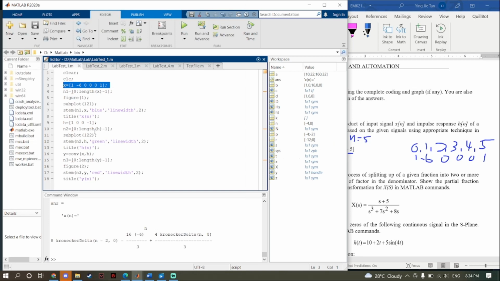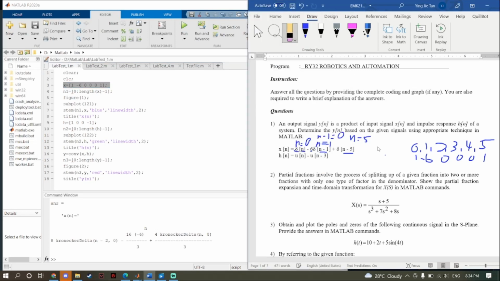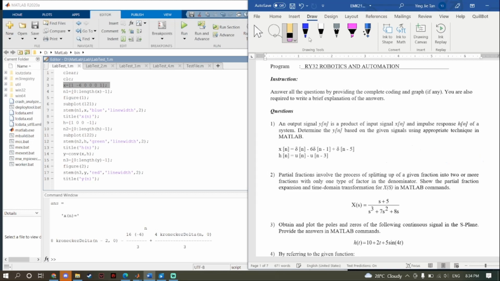Next, we are going to h. It is actually the same method. Let me delete this to get some space. So go to h[n]. Again, let's check our time frame. For n equals 0, there's nothing, and then n equals 3.